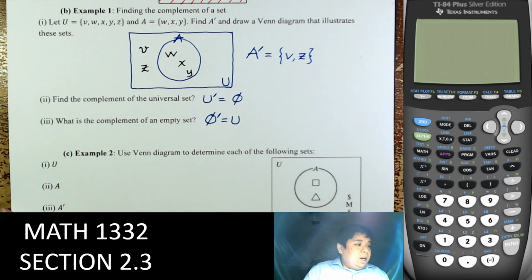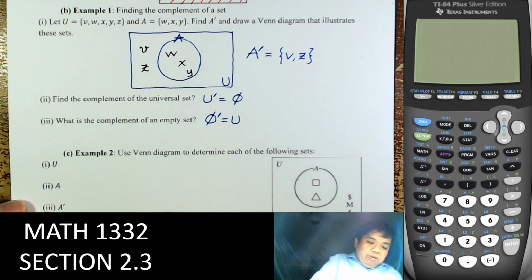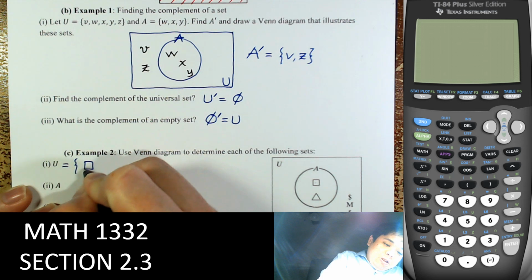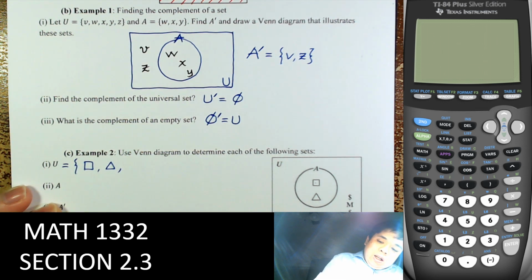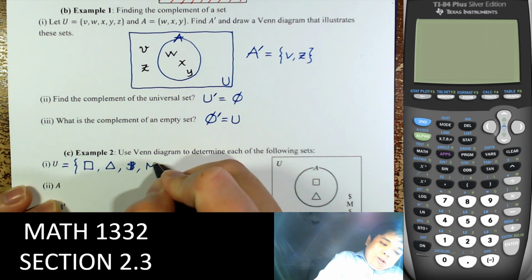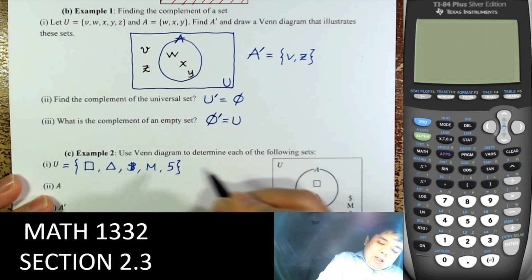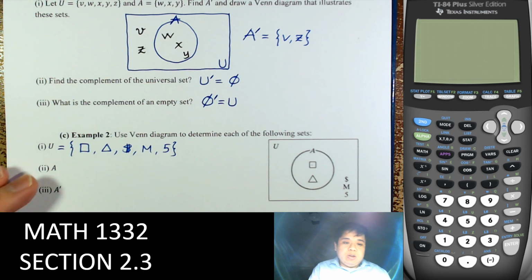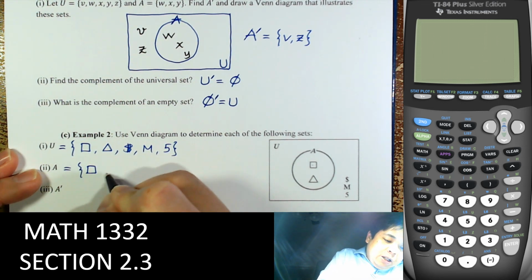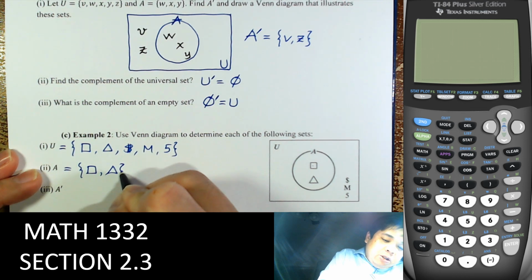Here we have a Venn diagram of this. What is the universal set? The universal set will be the set of everything: square, triangle, dollar sign, M, and 5. In A, we only have a square and a triangle.